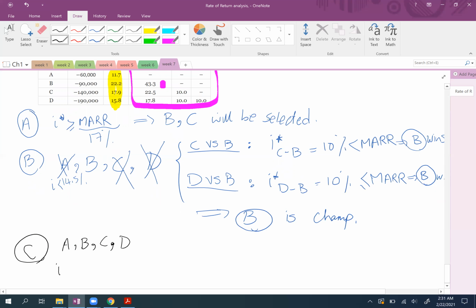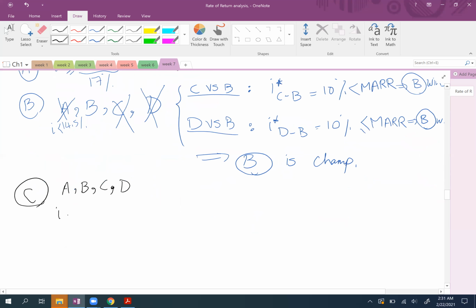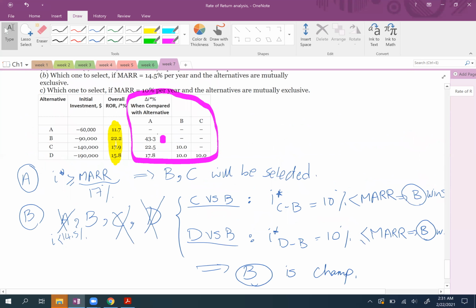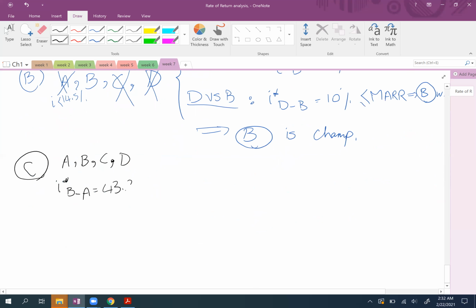So I have to determine I star for B minus A, and following this table it is 43.3%. Your MAR this time is 10%, obviously greater than MAR. So you will select the more expensive one. So B is selected in this round.